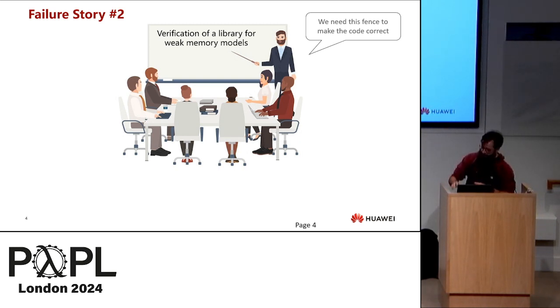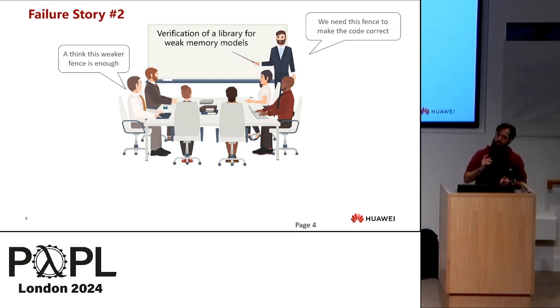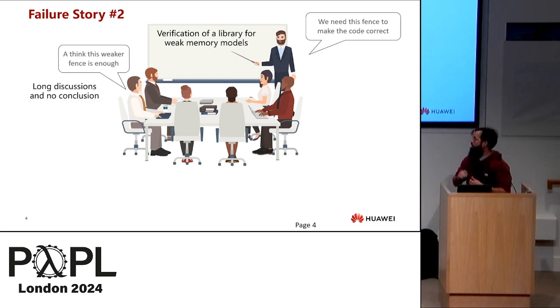The funny thing was that this person was mostly talking about the verification efforts, but the library was done by someone else, and the memory model formalization was from yet another group. The developer of the library was in the audience, and she said, actually, I think that you're wrong. I don't think that you need that strong a barrier. I think that you can get away with something weaker. And there was a very long discussion during the workshop, and there was no real conclusion.